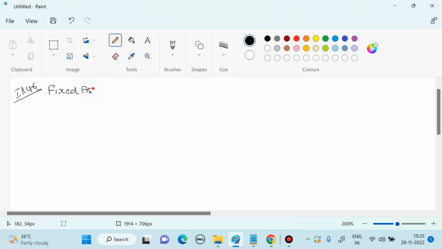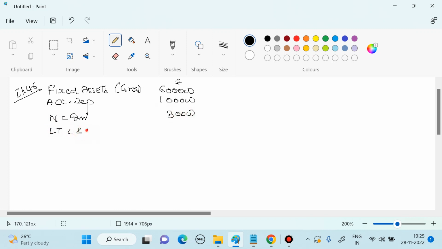Like they've given the fixed assets, gross value as 6 lakhs. They've given you the accumulated depreciation of 1 lakh, non-current investments of 30,000, long-term loans and advances of 20,000.